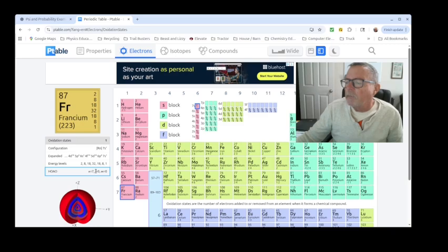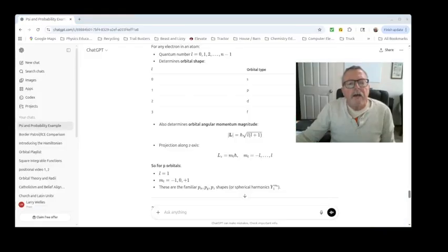L is orbital spinning angular momentum. M is intrinsic spin momentum. L helps determine orbital shape. Isn't that cool? If L is 0, it's the S-type shape, and each one of these has a different shape to it. And the L value goes up. Now, when the L value goes up, that allows a higher range for the M value.